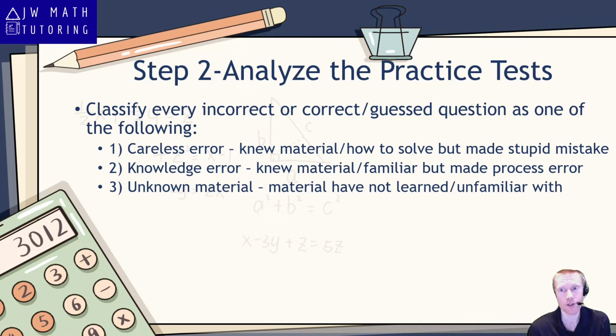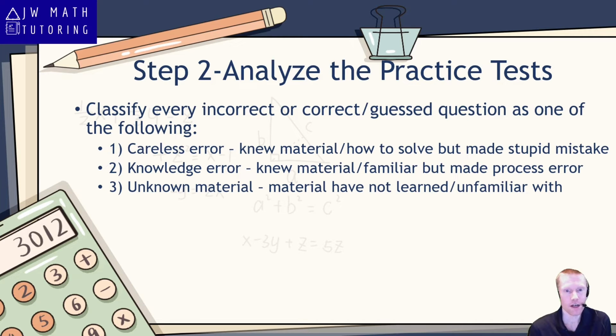So you added 2 numbers incorrectly, or you did addition instead of subtraction, or you divided at one step where instead you were supposed to multiply. So these are errors basically where you knew how to do the problem, you should have gotten the correct answer, but for whatever reason you had a brain fart and you didn't.